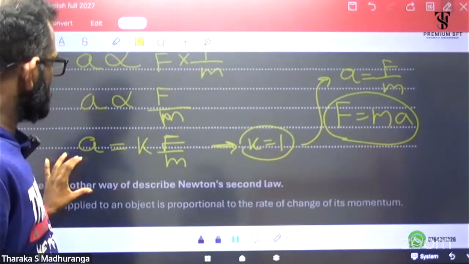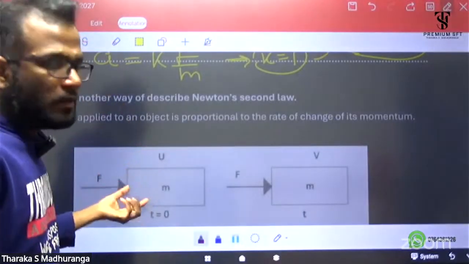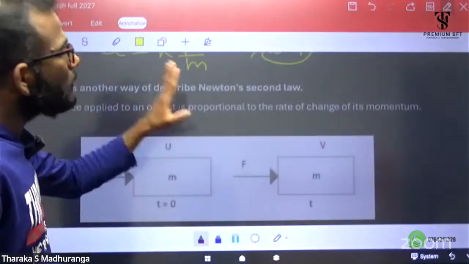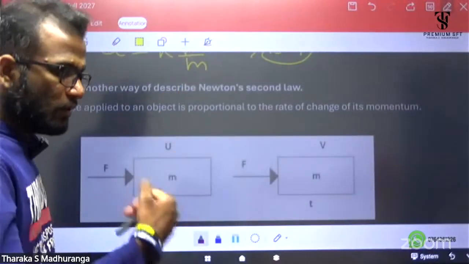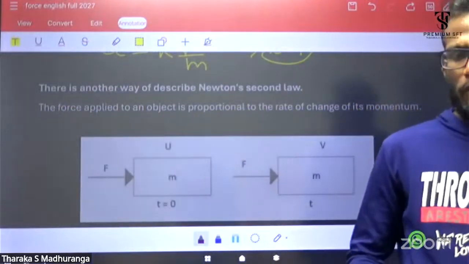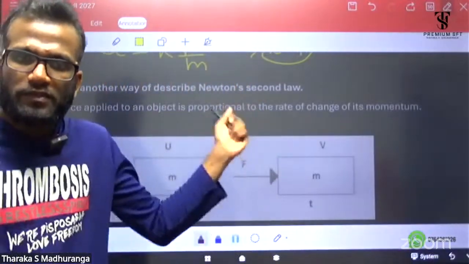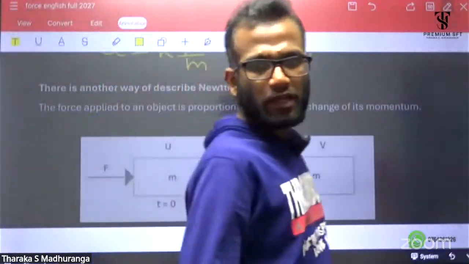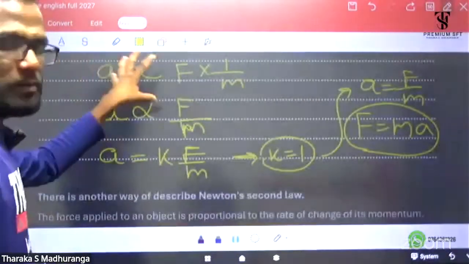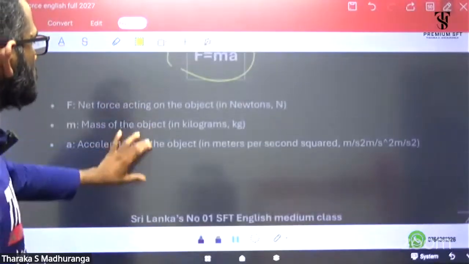Okay, using this momentum, we can explain Newton's second law in another way. In the last 2 to 3 years, there was an MCQ question on the second method of Newton's second law. This is the acceleration method. Is it given here?